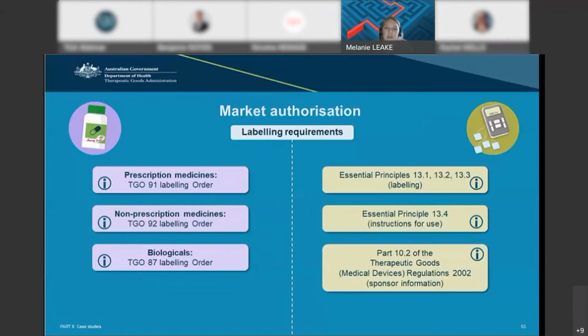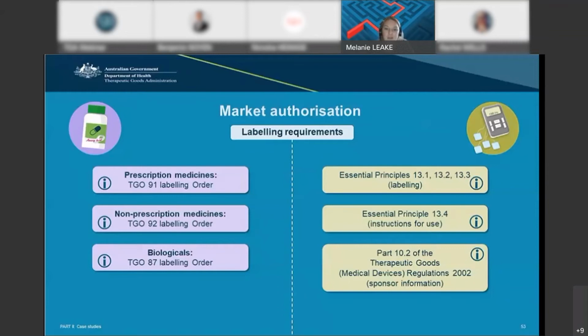Therapeutic goods must be clearly labelled to ensure that consumers are given accurate information about your product. For medicines and biologicals, labelling and packaging requirements depend on whether the medicine is prescription, non-prescription, or a biological. These requirements are set out in the labelling orders, which are pieces of legislation.